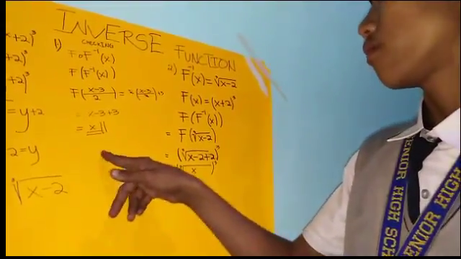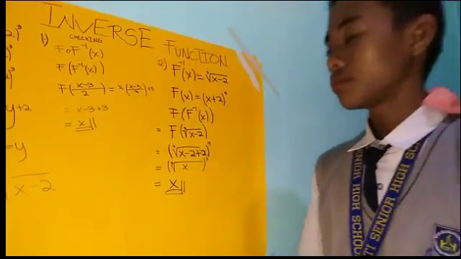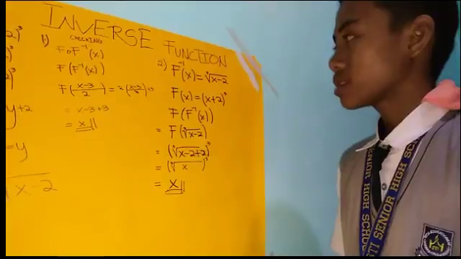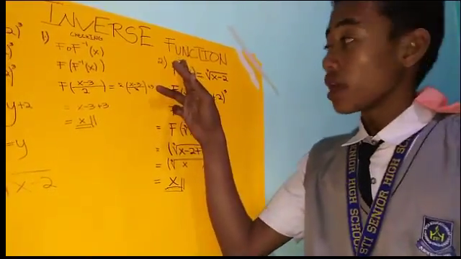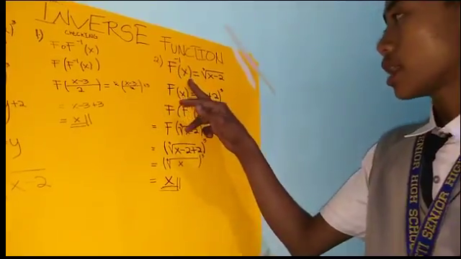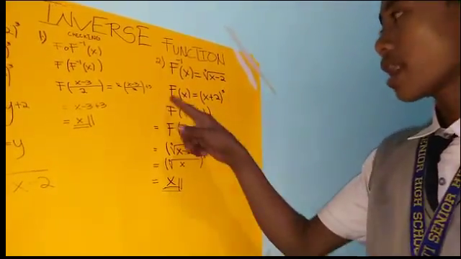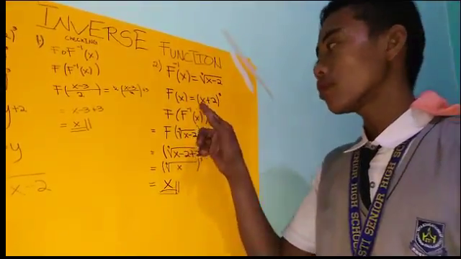So this is inverse. So let's proceed to the checking of number 2. Solve for f to the power of negative 1 when x is f of x. So f inverse of x equals the cube root of 3x minus 2, and f of x equals x plus 2 to the power of 3.